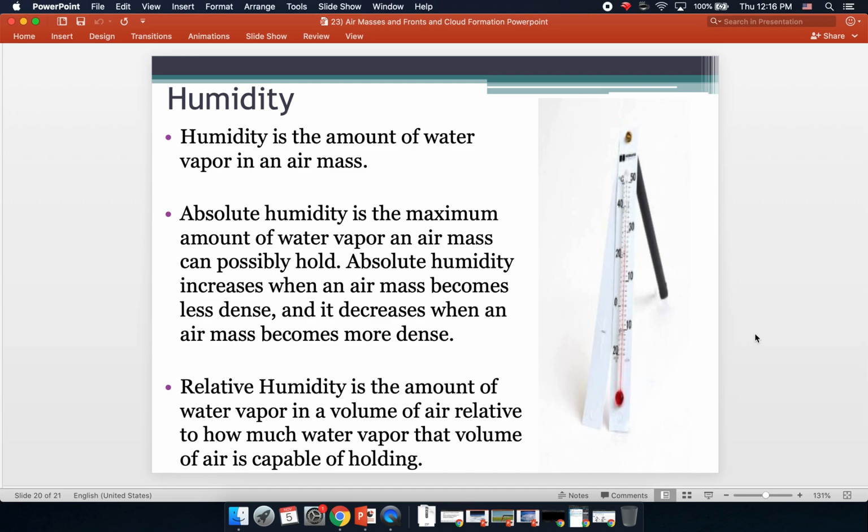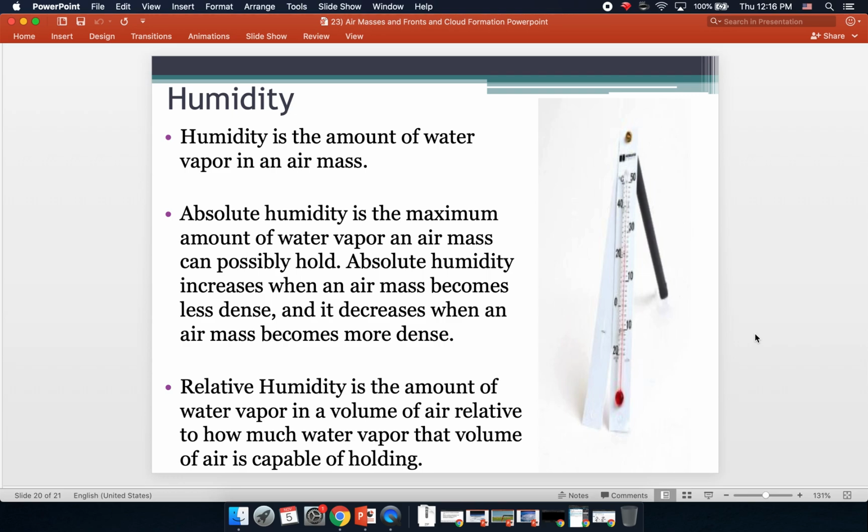Or say we have an air mass at 50% relative humidity, and it gets warmer and expands. The relative humidity figure could go down. There's no water vapor taken away, but because the absolute humidity is larger, because that air mass can hold more moisture, the relative humidity figure has dropped.